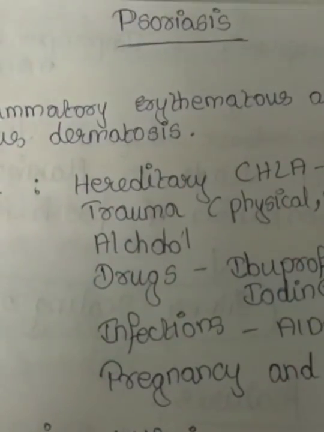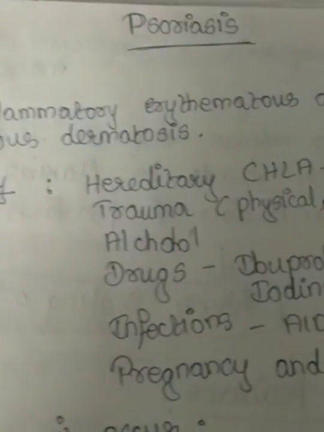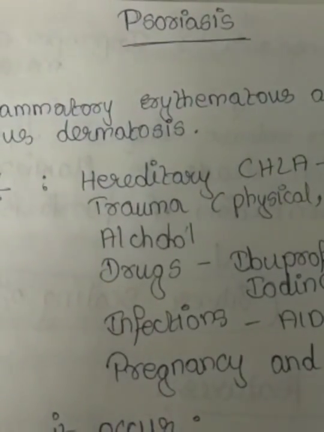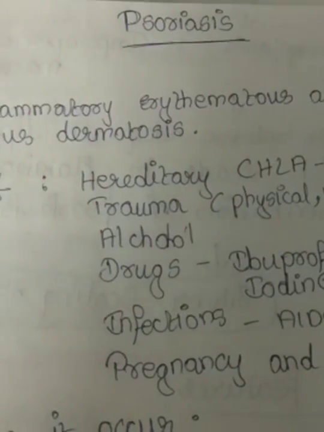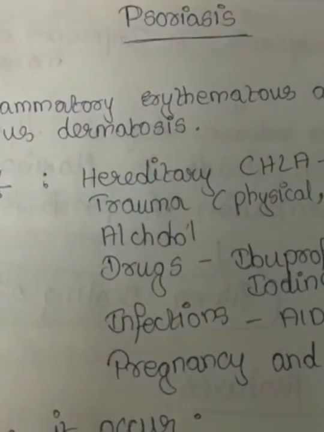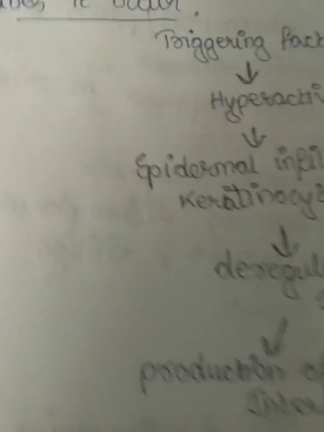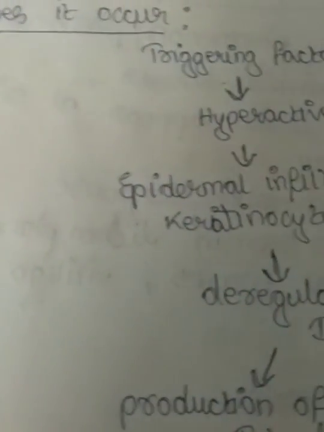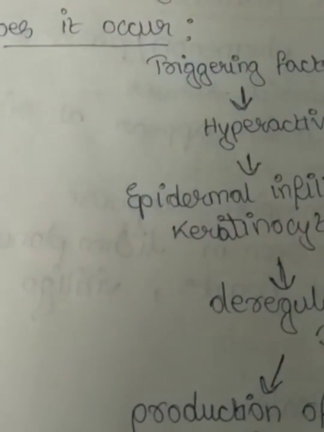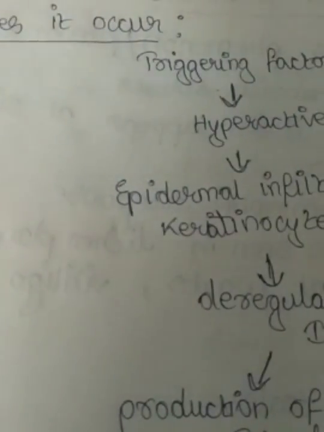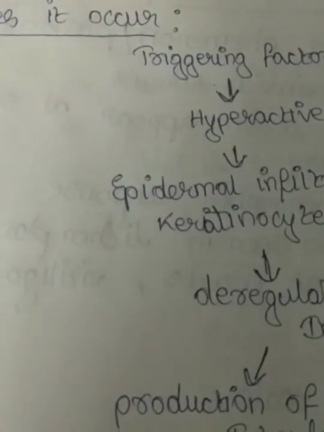Then coming to its pathophysiology, we can see the silvery manifestation. Why are those silvery manifestations there? Let us see now. Whatever the triggering factors we have seen above, because of them T cells are activated.